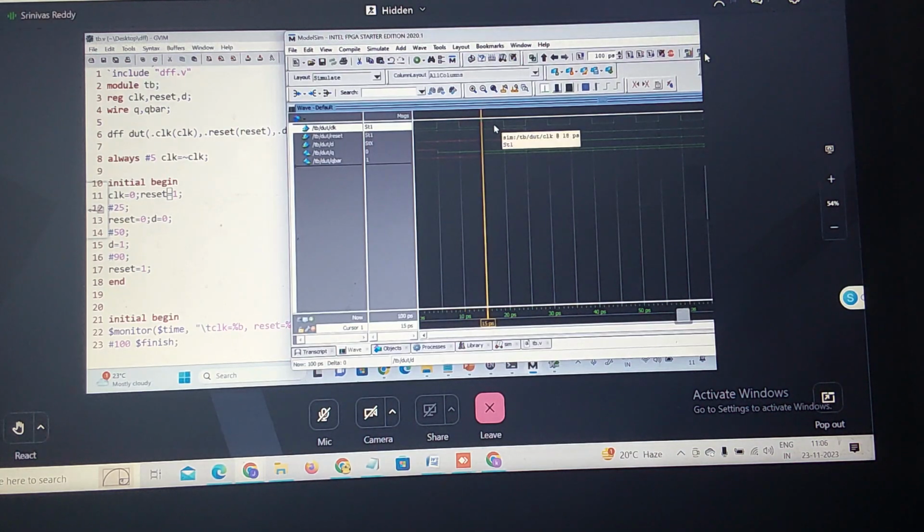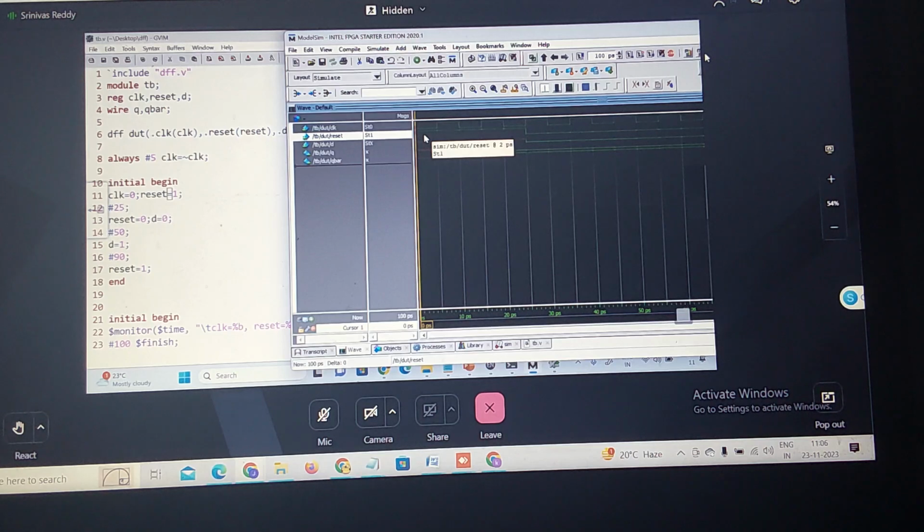Now coming to this, at time t is equal to 0, clock is 0. What is reset? Reset I am making 1 at time t is equal to 0. Then when am I making reset equal to 0? At time 25. So from time t is equal to 0 to time t is equal to 25, what is my reset?